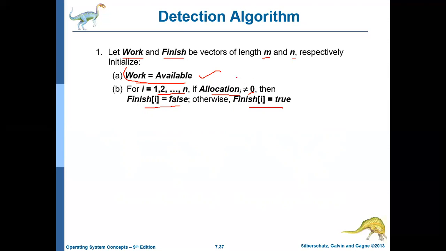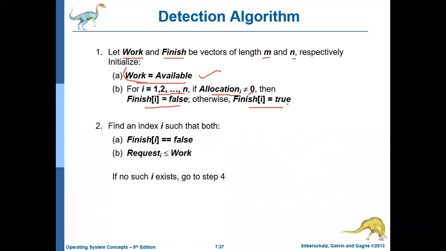If no resources are allocated, then you can assume the process is finished. It has completed its job. So finish of I is true. In Banker's algorithm, in the first step, we have not checked this. We just mentioned finish of I is equal to false for all processes. The same thing we can do here too. Nothing wrong in that. Here we are adding one more check.